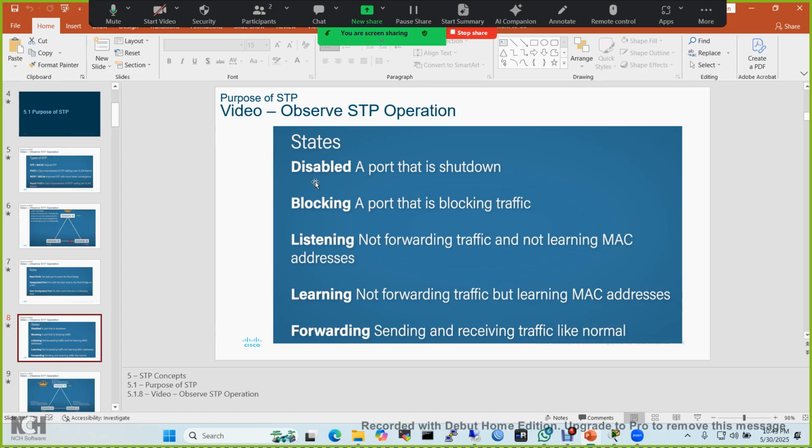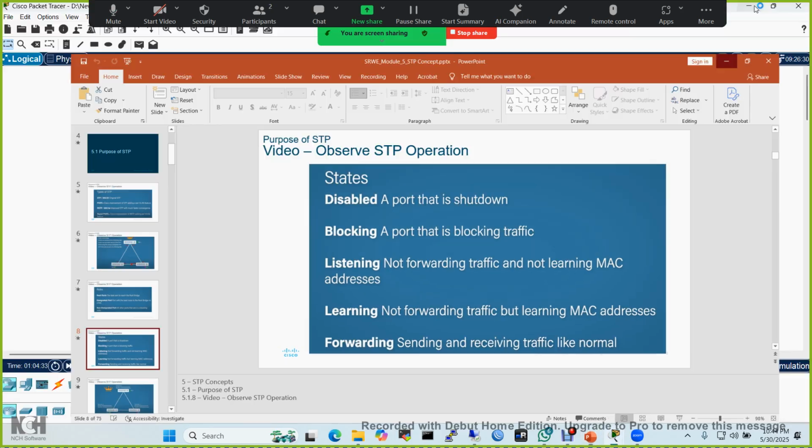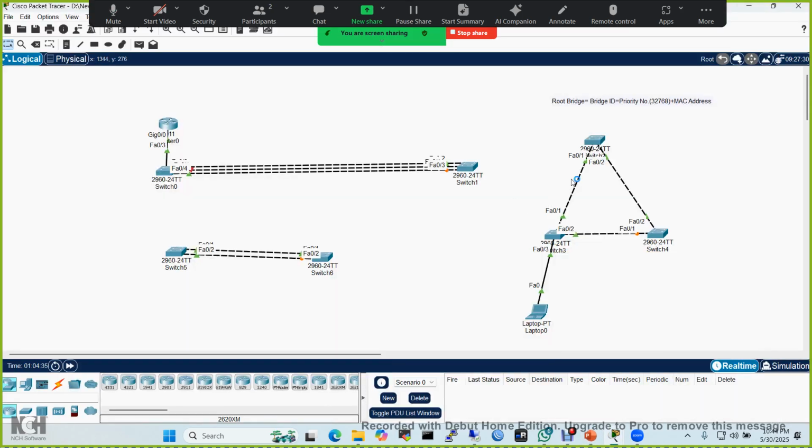Disabled is a stable status. It will not be changed, isn't it? Blocking and forwarding are also stable. Listening and learning are not stable stages, they are a testing period. Perfect. We have got the five status.